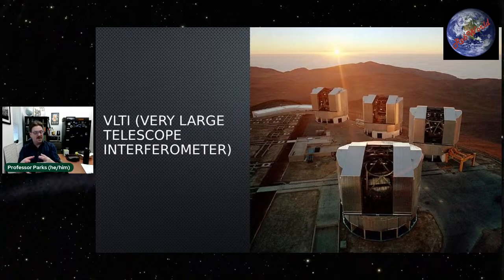Each of these is an 8-meter telescope, so they are pretty beefy. And they're separated by a distance of, so the one in the front and the one in the back, they're separated by a distance, if I remember correctly, of about 120 meters. What that means is by combining the light of those 4 telescopes, you can simulate the angular resolution as if you looked at that object using a telescope with a mirror that is 124 meters in size.